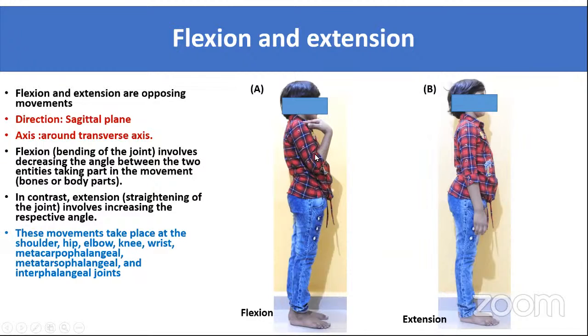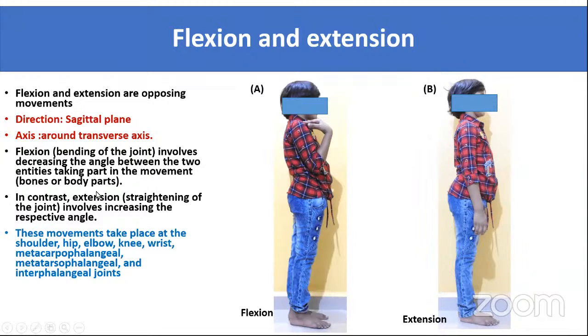So the angle at the elbow joint is very less, and this type of movement is called flexion, because bending of the elbow joint has taken place. So flexion involves decreasing the angle between the two entities taking part in the movement. That may be muscles, bones, or any other body part.